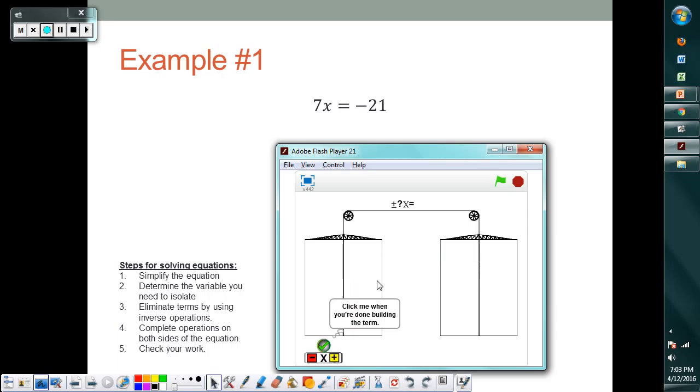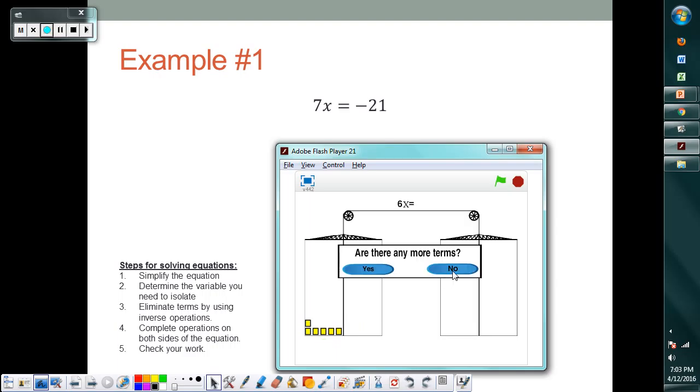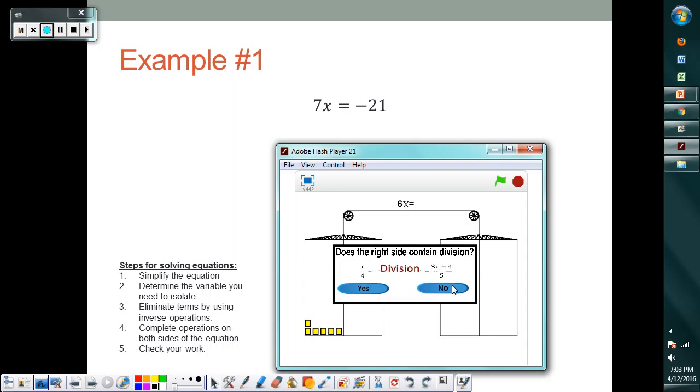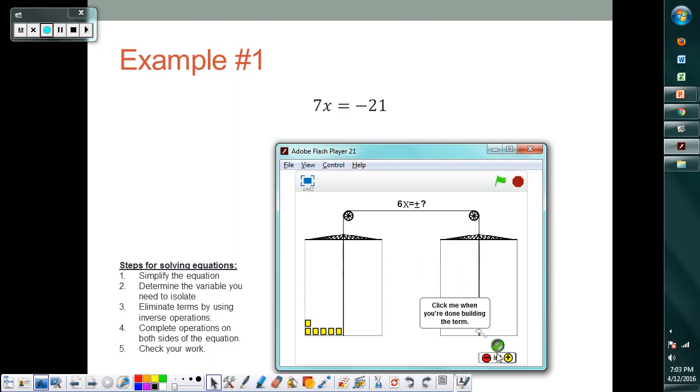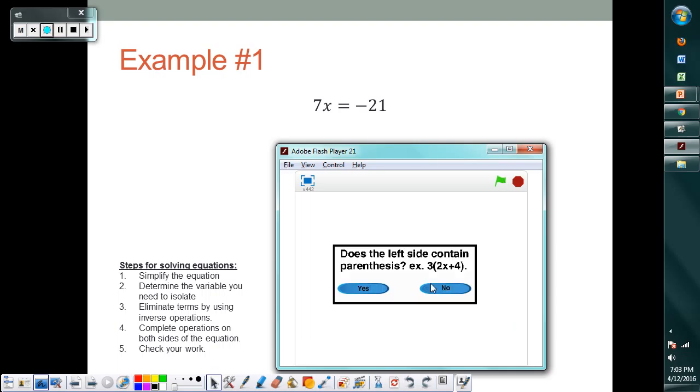My first term has a variable, which is 7x, so I put 7x's on the left side. I don't have any more terms. My right side doesn't have parentheses or division, nor does it have a variable, and then I put negative 21 over here.